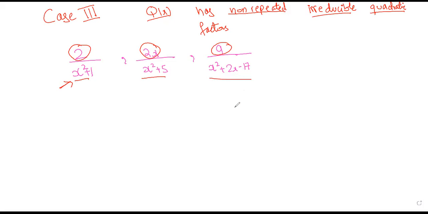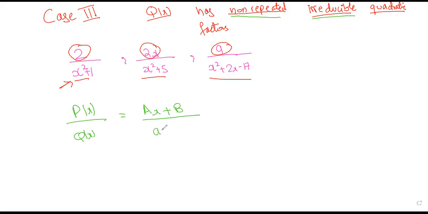Okay, these were some examples, and now if I talk about how we are going to write it down as partial fractions, this is going to be p of x divided by q of x, where q of x has non-repeated irreducible quadratic factors. So this is going to be ax plus b divided by, and that factor would come over here.